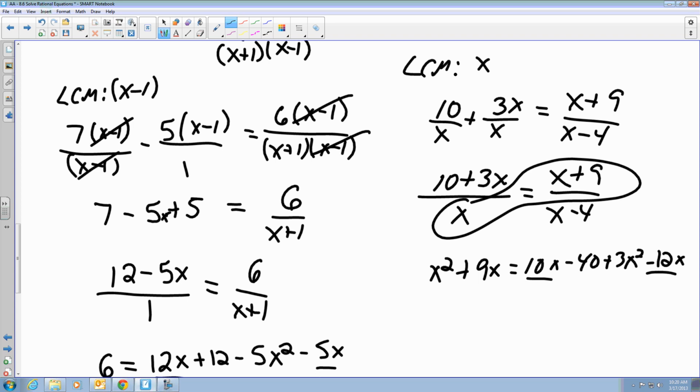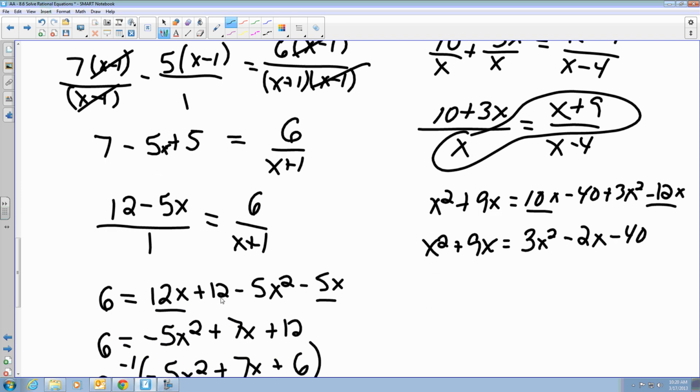I have like terms here, so I got x squared plus 9x equals, I'm going to put 3x squared here minus 2x minus 40. Subtracting my x squared and my 9x from both sides, I get 0 equals 2x squared minus 11x minus 40.